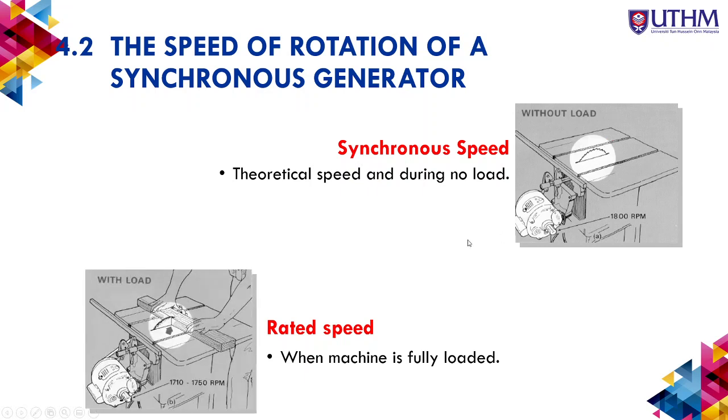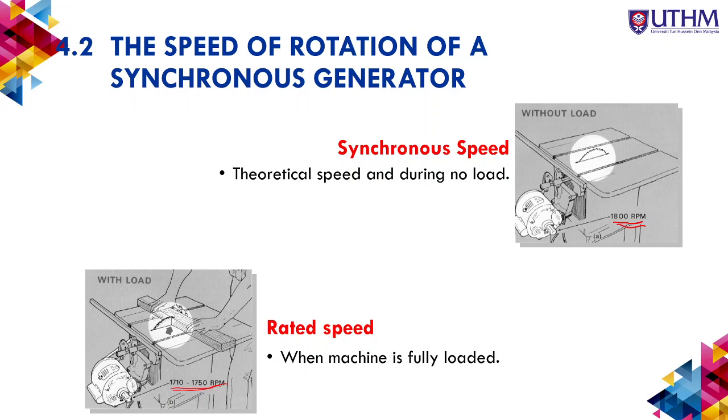However, once you put some load, it is called fully loaded. Of course the no load speed is higher than the rated speed. If it were the other way around, you would have designed something extraordinary.